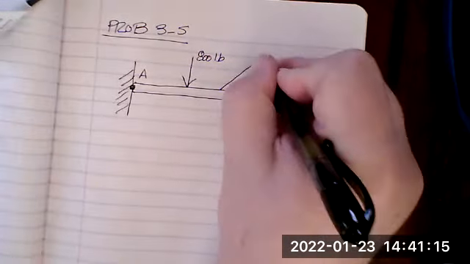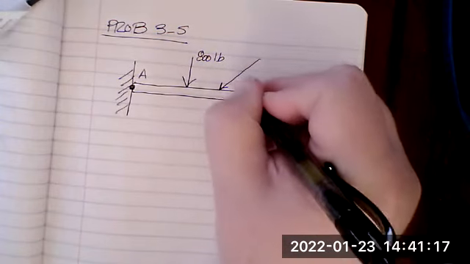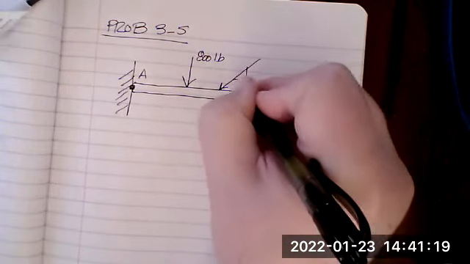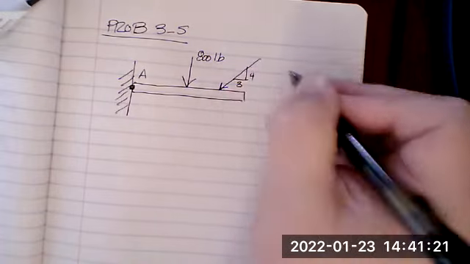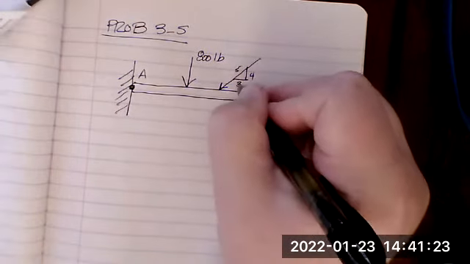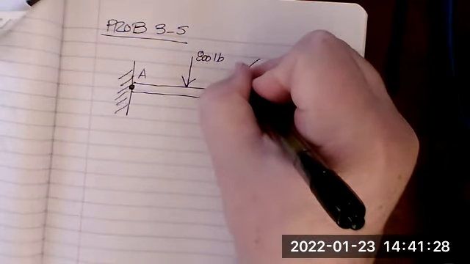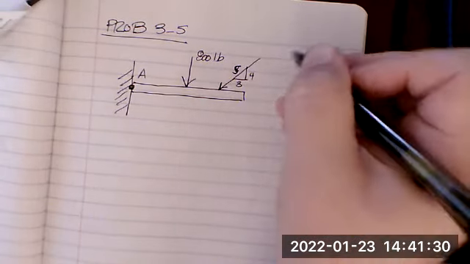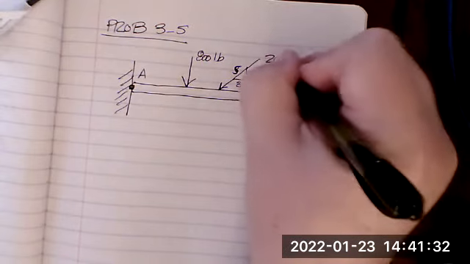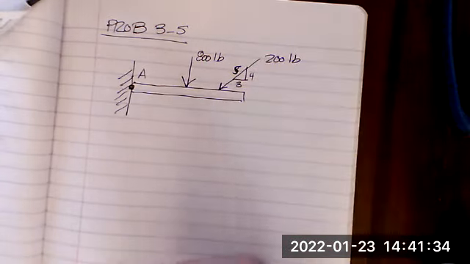We have another force coming in like this at an angle here. And there's a 3, 4, 5, right? The Pythagorean theorem was 3, 4, 5. And make this a little bit neater so you can see that that's a 5. And this is 200 pounds here.